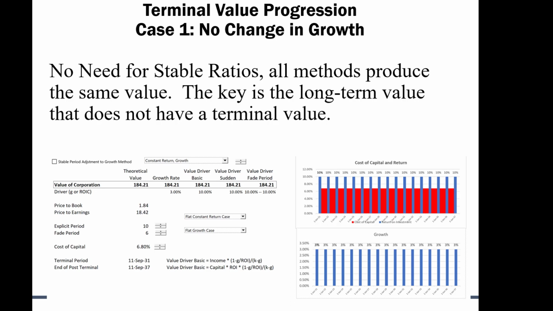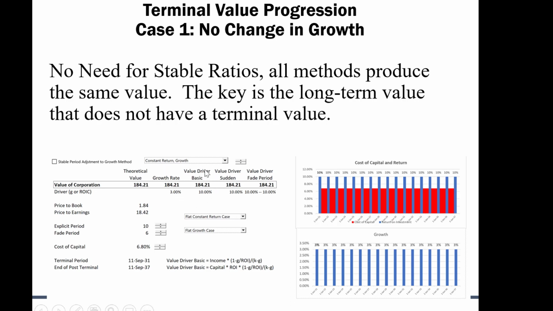It takes a minute, okay? But then you can say, no, let's stop in year 10, and then we'll make our 1 plus G, the free cash flow times 1 plus G divided by K minus G. We do that.